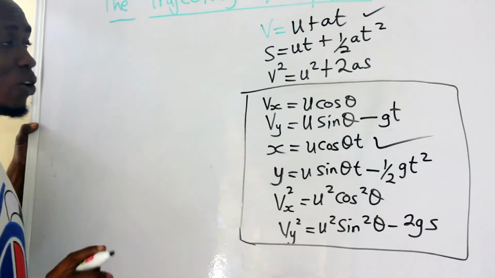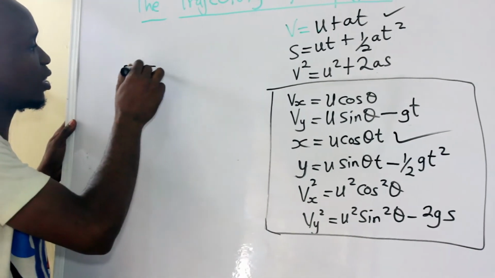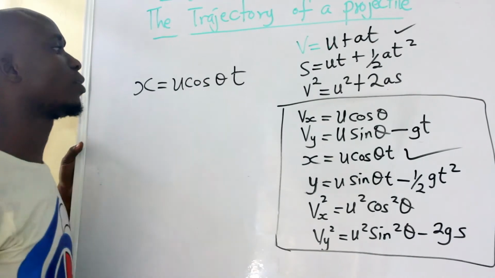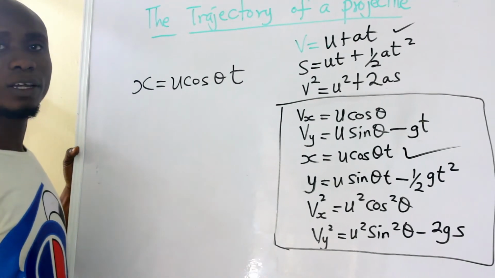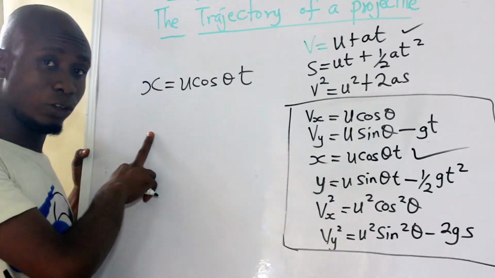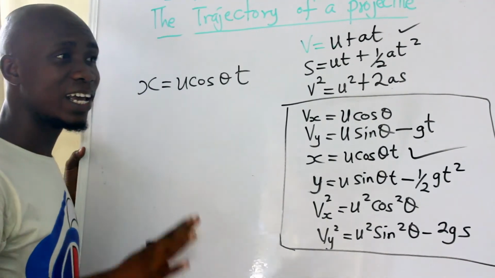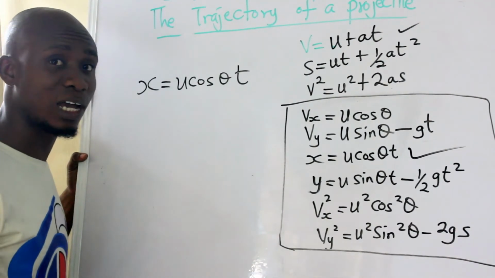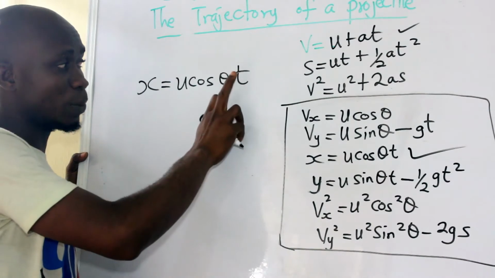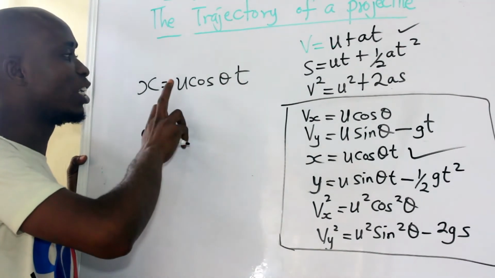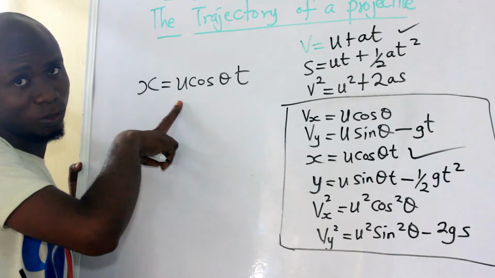The horizontal distance is given by x equals u cos theta t. This is the equation we're going to use to get the horizontal distance of a projectile at any specified time, given the angle of projection and the initial velocity.